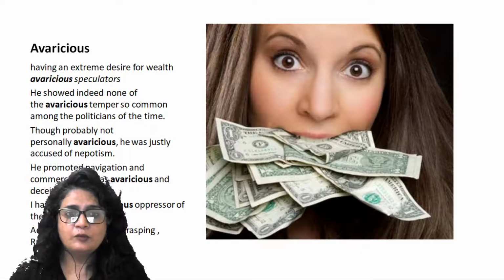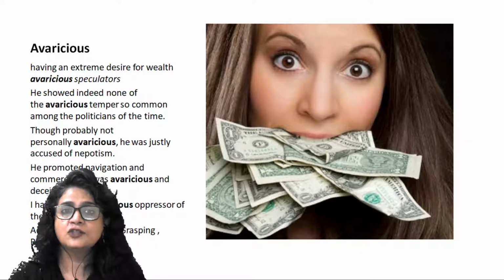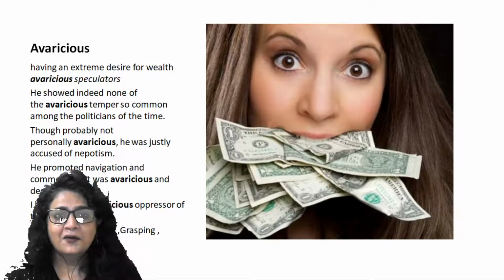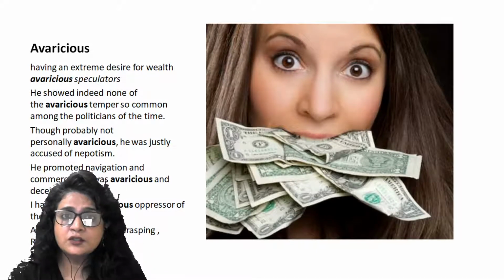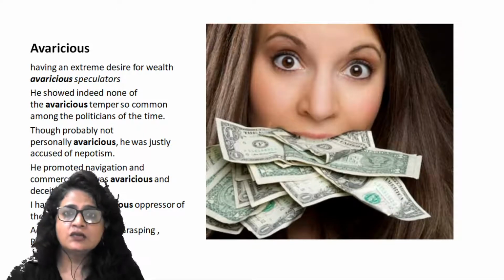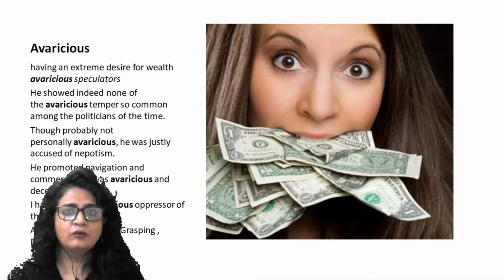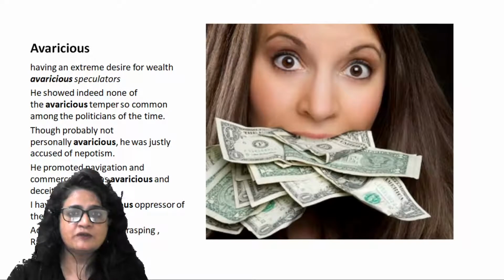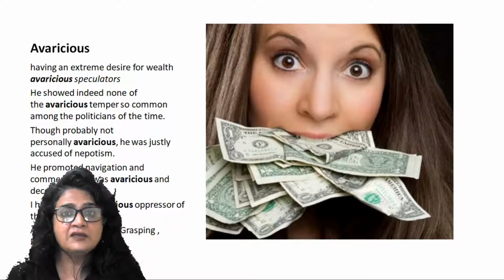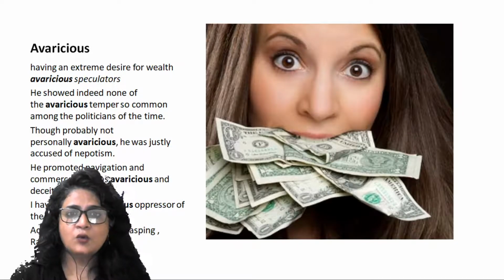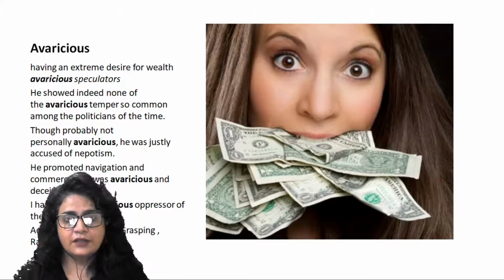Though probably not personally avaricious, he was justly accused of nepotism, right? So he was not greedy here, but he was accused of nepotism. That means he tried to benefit people of his own family, the people whom he was closely related with. He tried to benefit them by virtue of his position or by virtue of powers he had.